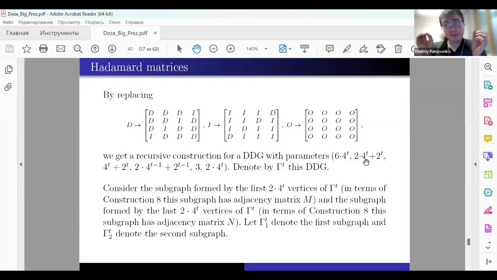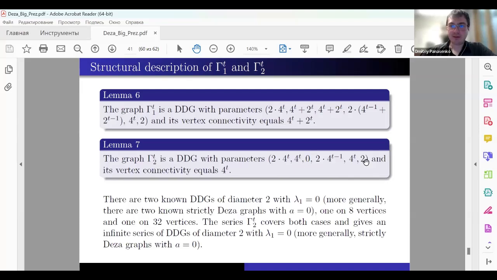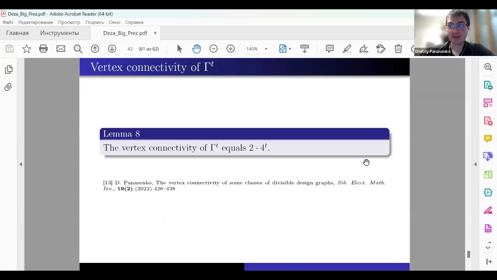So now we have proved that the difference between vertex connectivity and the degree of the vertex can be any power of 2. In some sense, even divisible design graphs are not that nice as strongly regular graphs, but I think that's quite an interesting result.